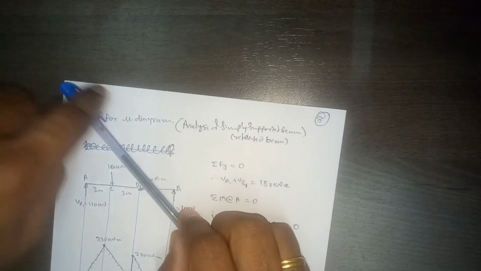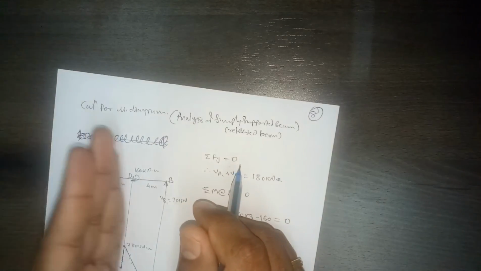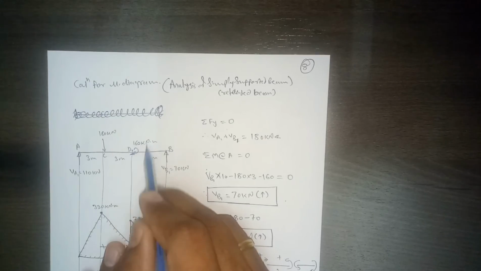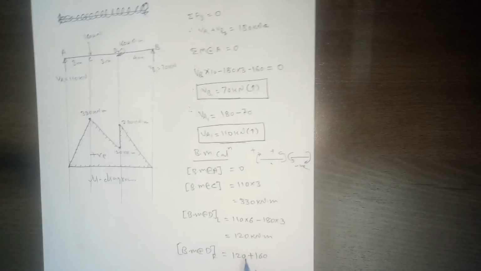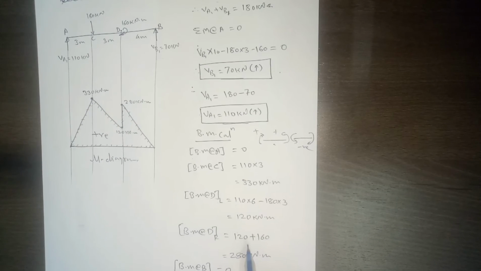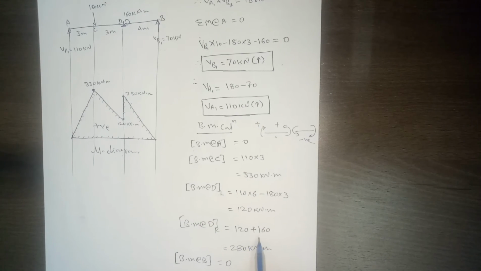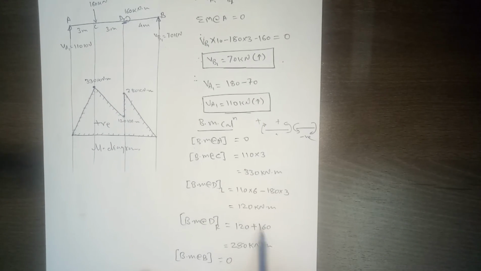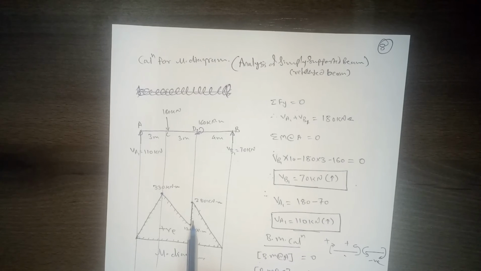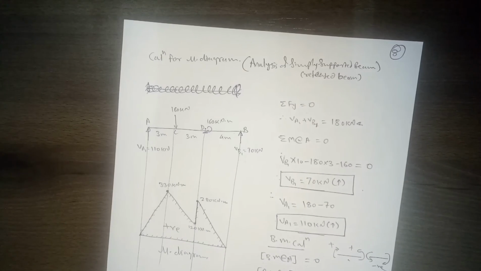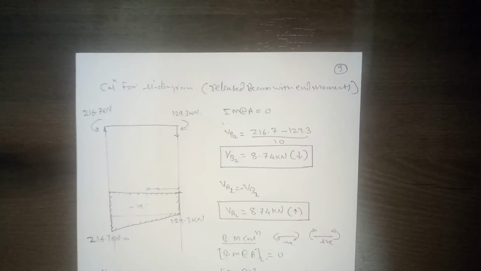So if you are calculating moment from left to right, then we have to consider this as a positive moment. The value is 160, so we'll add it here: 120 plus this 160, and you'll get 280 kilonewton meter moment, right?